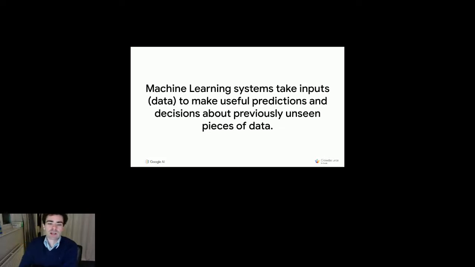Okay. So we'll look at some alternative definitions. Machine learning systems take inputs, data, to make useful predictions and decisions about previously unseen pieces of data. Now, this sounds like a very anodyne and generic way of describing statistical study. But what you want to look at here is previously unseen.